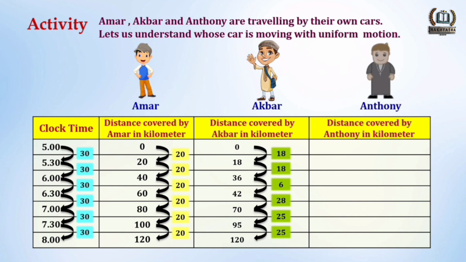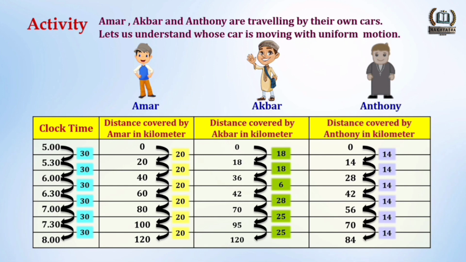Therefore, Akbar's car is moving with non-uniform motion. Now let's see for Anthony. Starting from 0, 14, 28, 42, 56, 70 and 84. Here also we can see that it has been increasing by 14. So Anthony's car is moving with uniform motion.